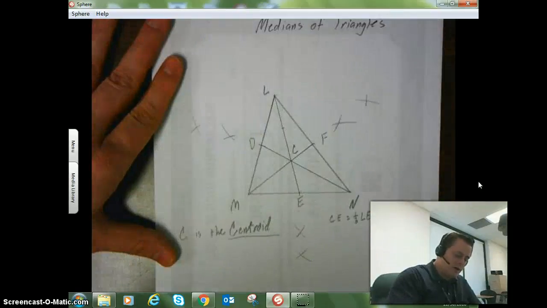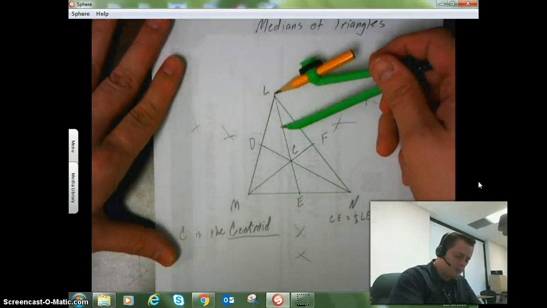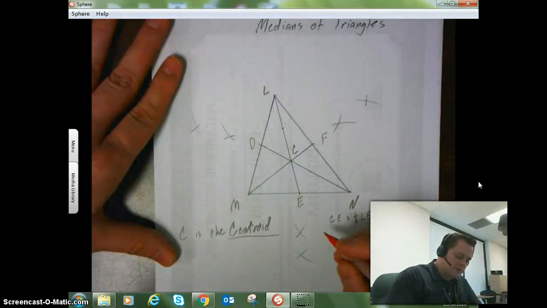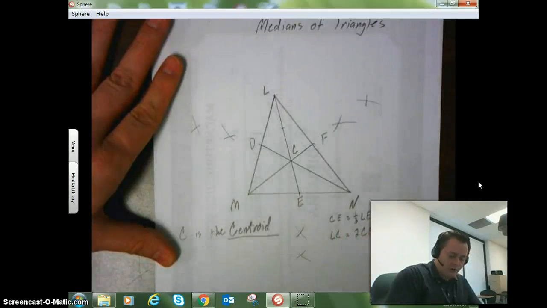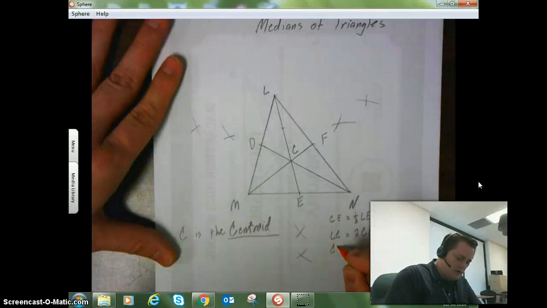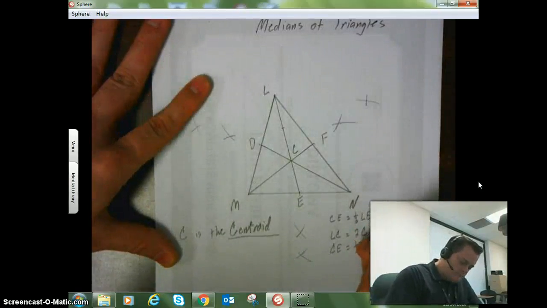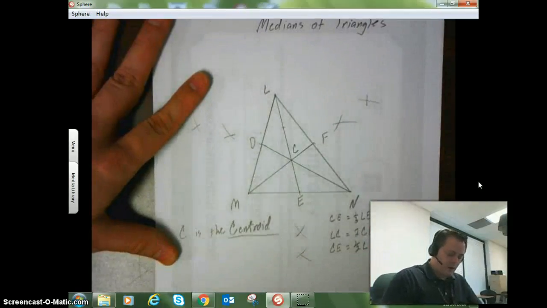And because I was able to take one of these and put two of them here, I can say that LC is equal to 2 of CE. Or we could write it the other way around, and say that CE is half of LC.